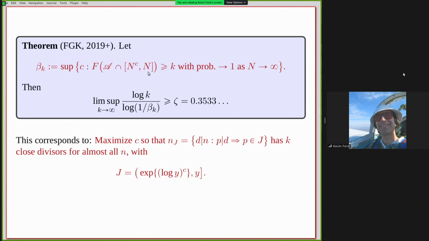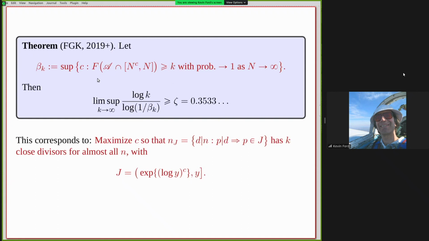And we want, for a given k, to maximize the value of c. In other words, make the interval as short as possible so that we have a concentration, we have at least k equal subset sums with high probability.